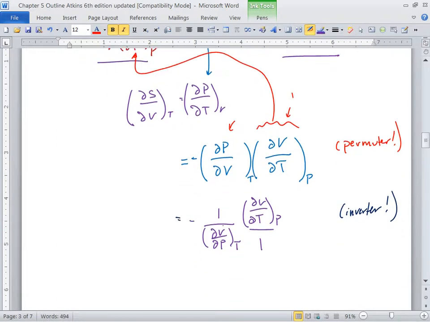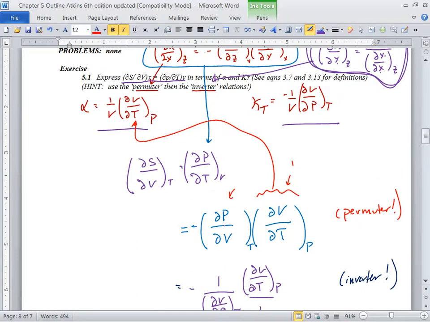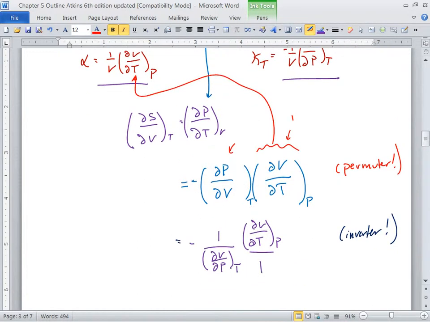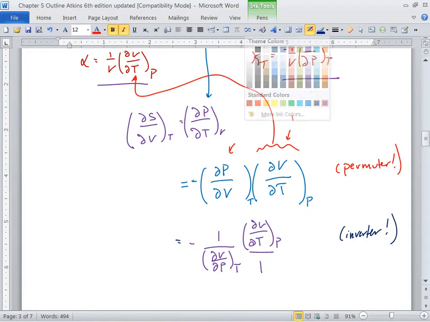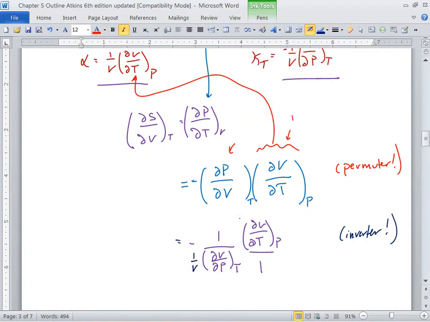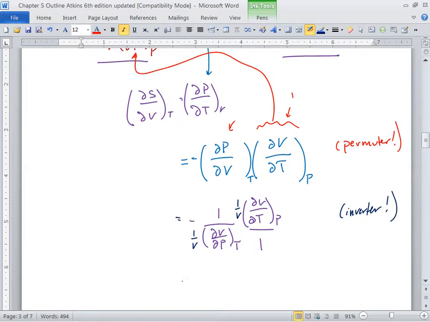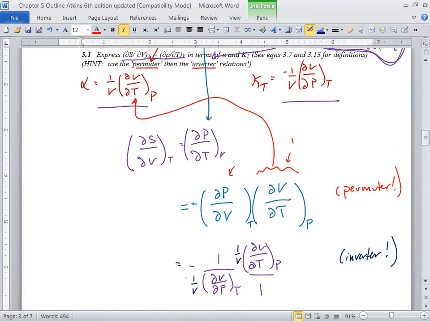Okay, we're getting really close now, though. We're just missing the 1 over v's. Can't we just put a 1 over v down here and a 1 over v in there? Does that change anything? Oh, because it's top and bottom. There you go, we got it. So do you identify them? 1 over v with respect to p, negative.